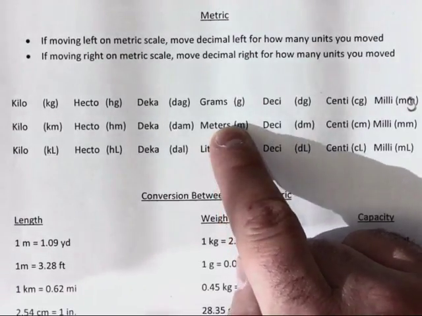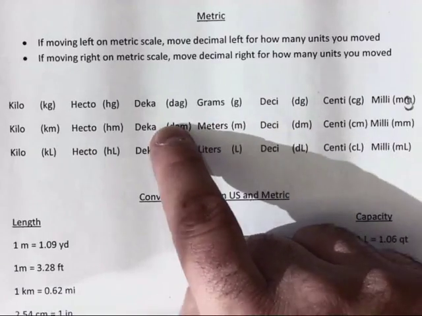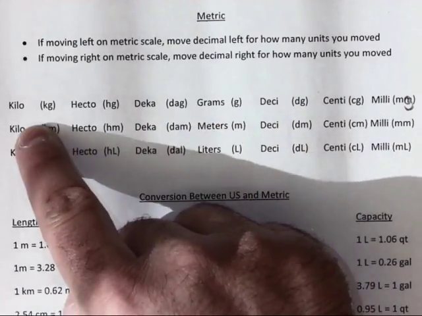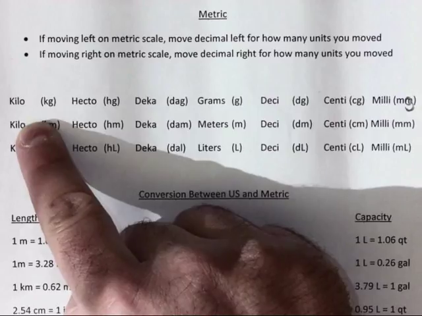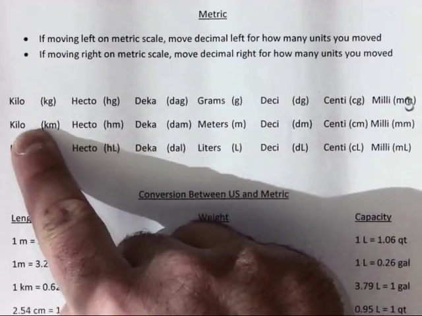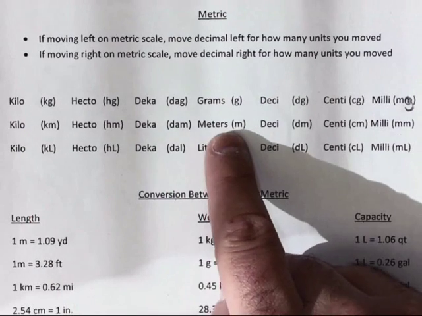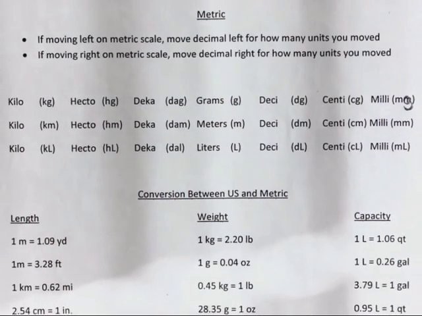Well, I just count as I move along this scale from meters to kilometers. 1, 2, 3. So I'm going to move the decimal 3 places. And I'm going to move that decimal to the left because I had to go to the left to get from meters to kilometers on this scale.